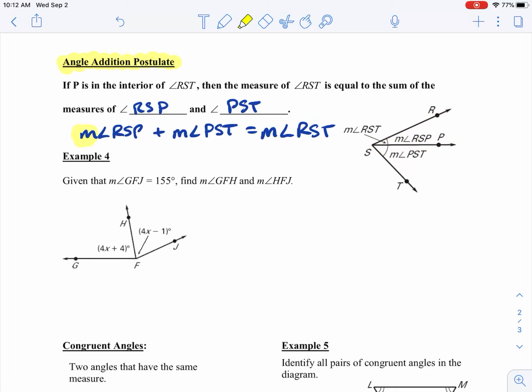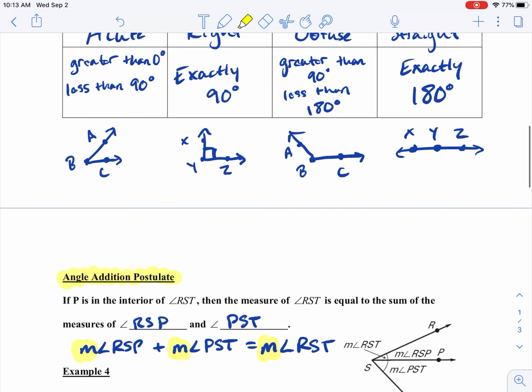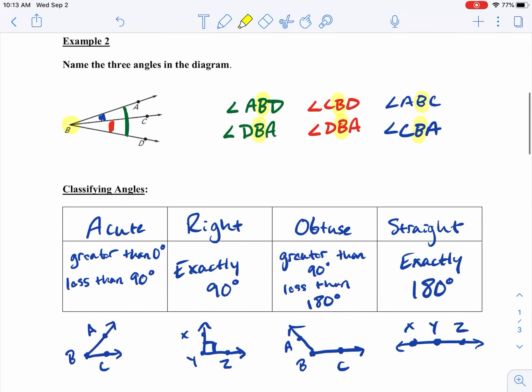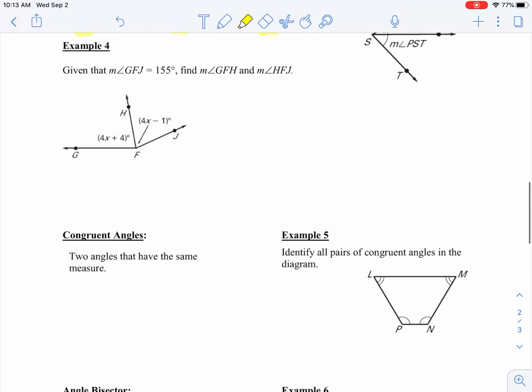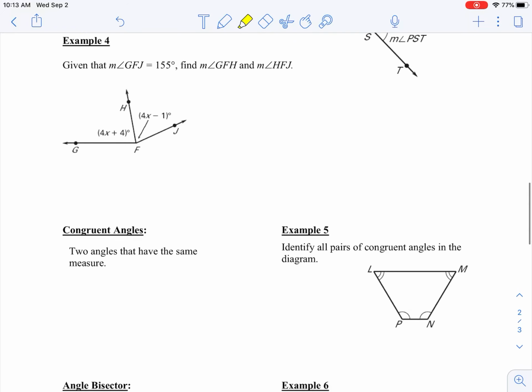I also want to point out that I am now using a little m in front of the angle symbol. That little m means measure. So if I'm talking about the measure of an angle, I will put a lowercase m, then the angle symbol, and then I will use the equal sign. If I'm just using these up here, that is going to be more for congruency, where I'm not going to be talking about the value, just more about the angle itself.